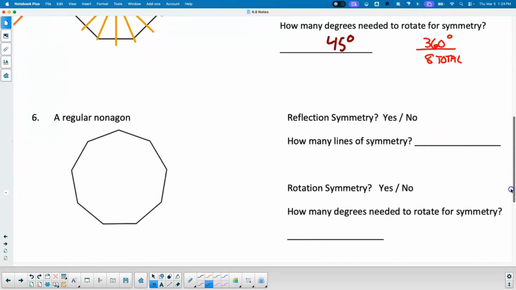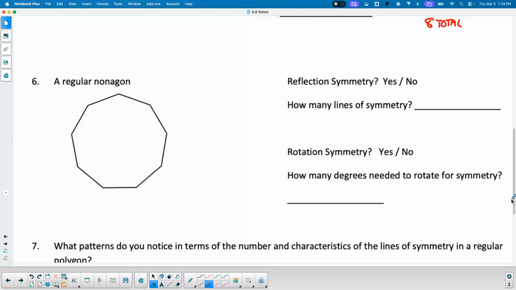Nonagon. How many sides? 9. Okay, so how many lines of reflection? 9.